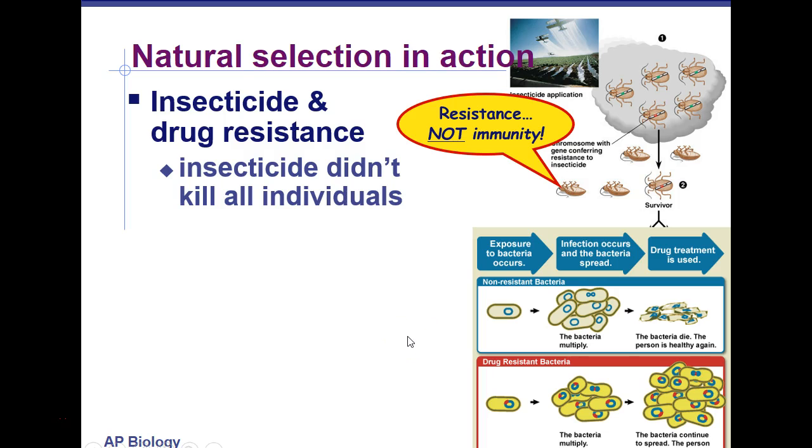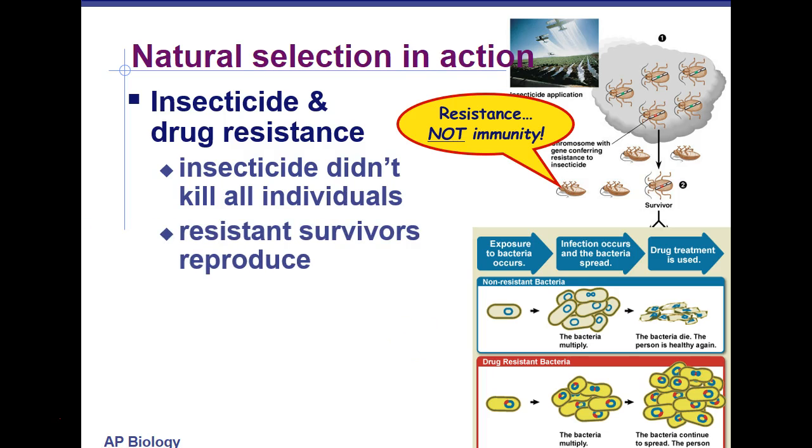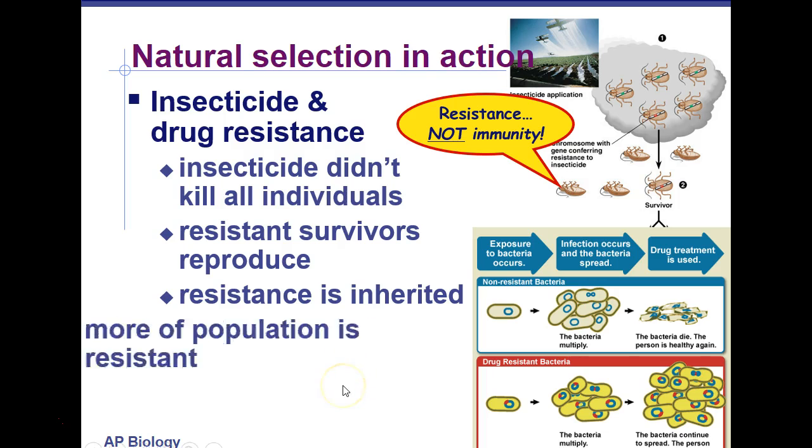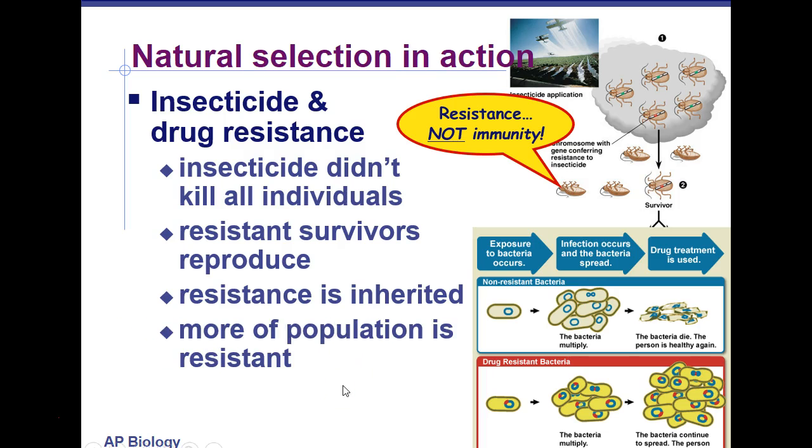Then, when the insecticide or the antibiotic is used, it does not kill all individuals. Those who have the resistance gene survive. They're the ones who get to reproduce with each other. Their offspring all inherit the same resistance gene. As a result, the next generation has a greater percentage of individuals who are resistant.